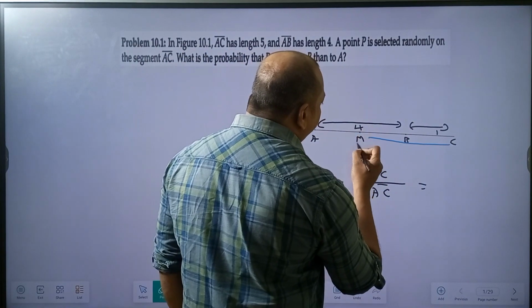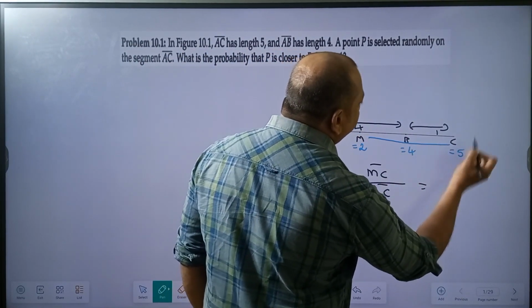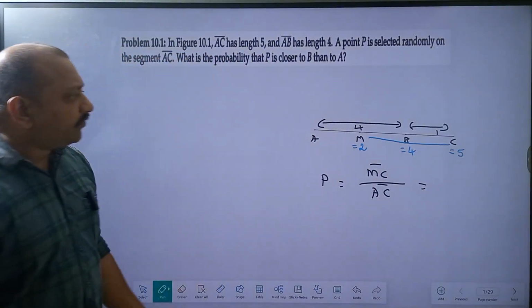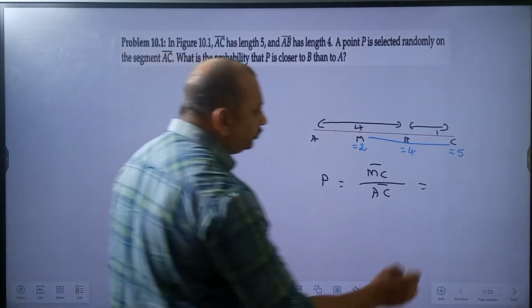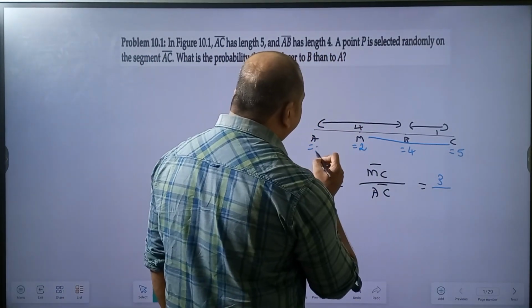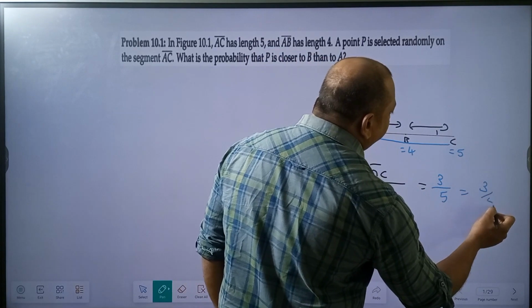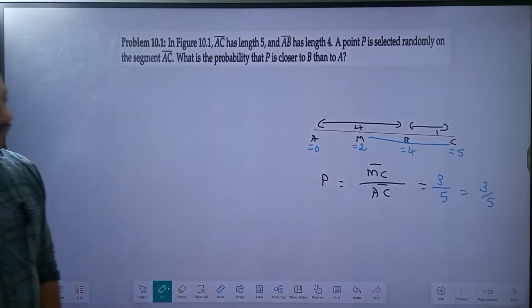Here M is equal to 2, B equal to 4, C equal to 5. So MC is nothing but 5 minus 2, 3. AC is 5 minus 0, that is 5. This is equal to simply 3 by 5.